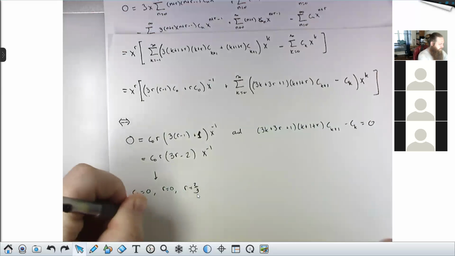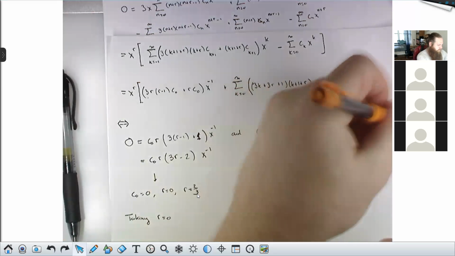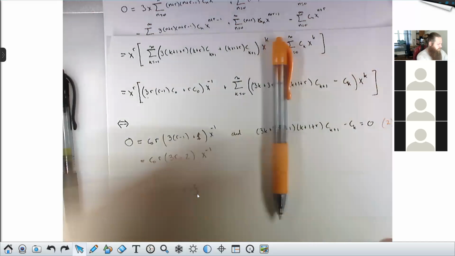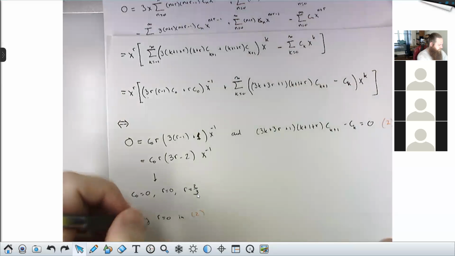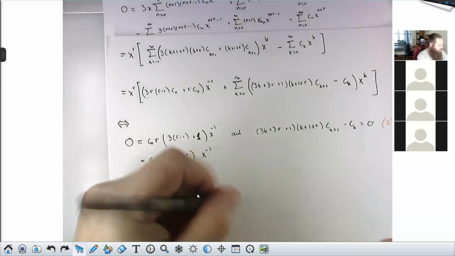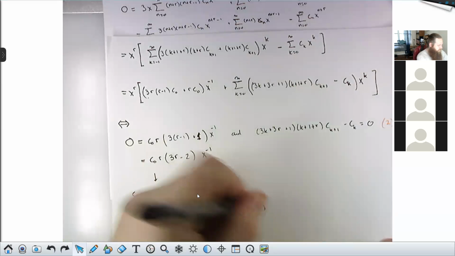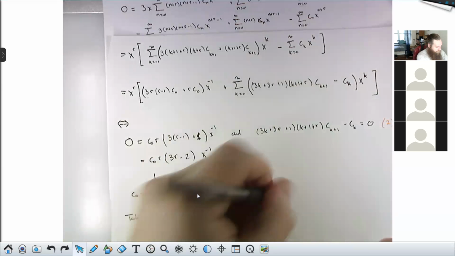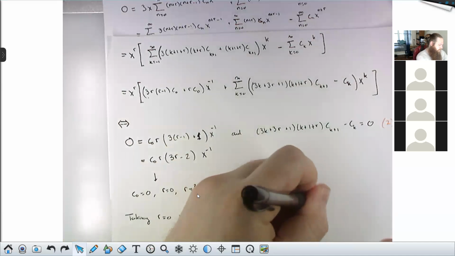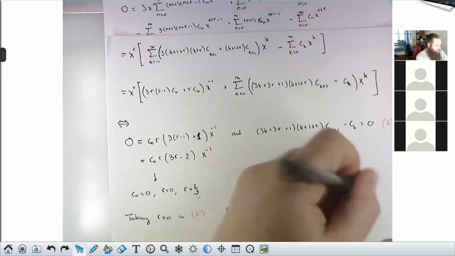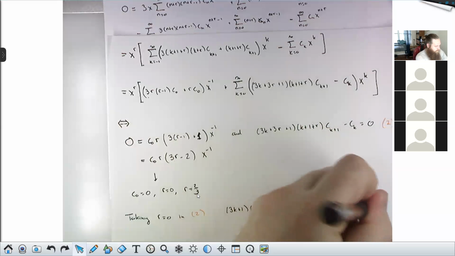So taking r equals 0 in this recurrence relation, we get 3k plus 1 times k plus 1 times ck plus 1 equals ck, which would mean ck plus 1 is equal to ck divided by 3k plus 1 times k plus 1.